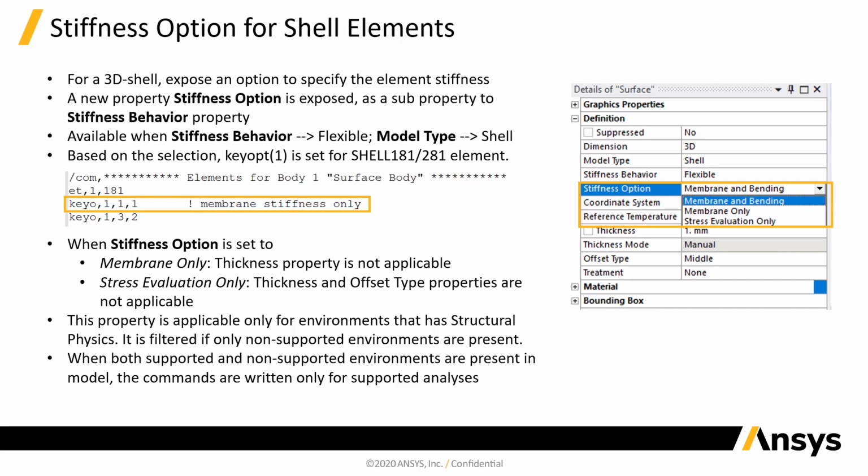So that means, for instance, if I have a large solid structure, I could create a skin of shell elements around the solid body and just give them stress evaluation behavior only, which means I can use them for post-processing and look at detailed stresses on the free surface of a solid body. Or if you want to define just membrane behavior like a trampoline or a balloon or something like that, then you can define that here as well.